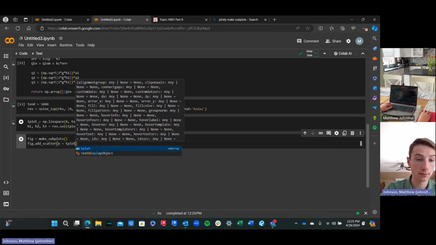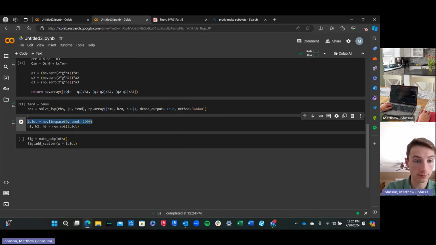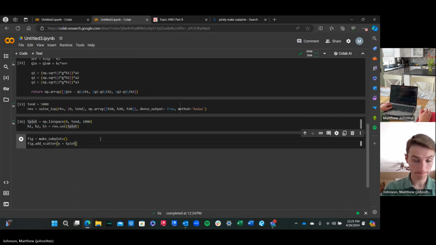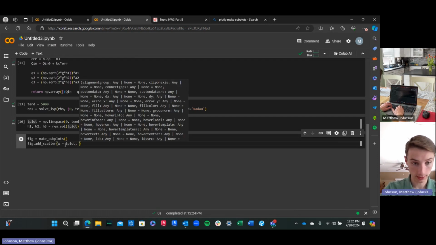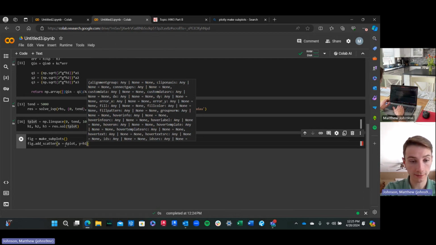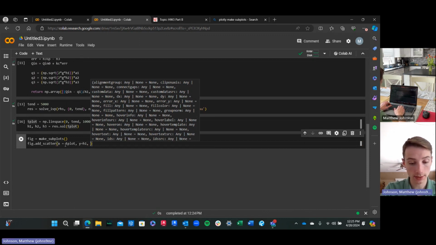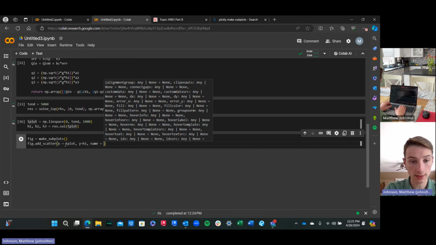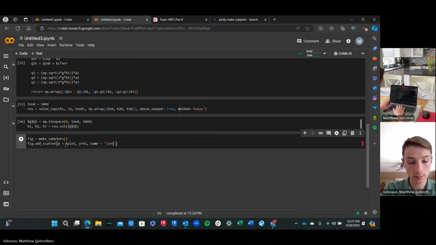So we just made a linear space for time, 1,000 increments. So that's where we want our x-axis. On our y-axis, we're going to want the height of, say, tank 1, and we'll say the name of this is tank 1.